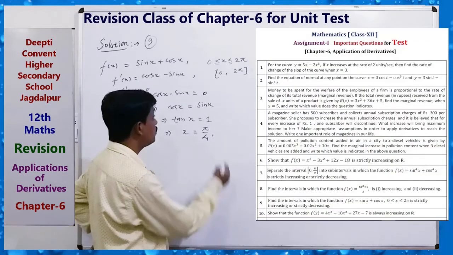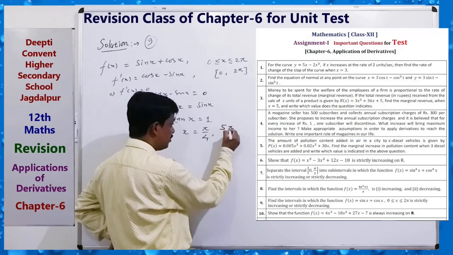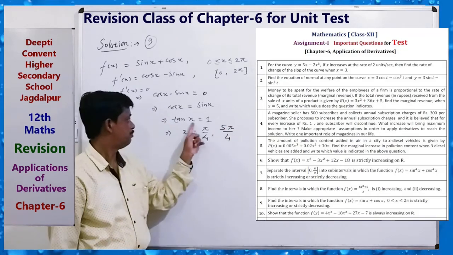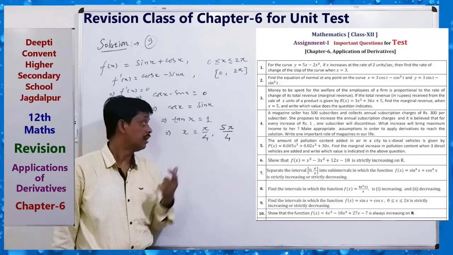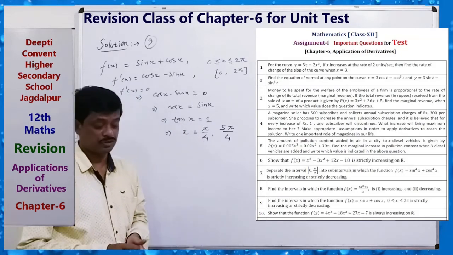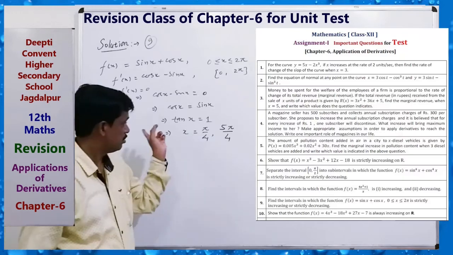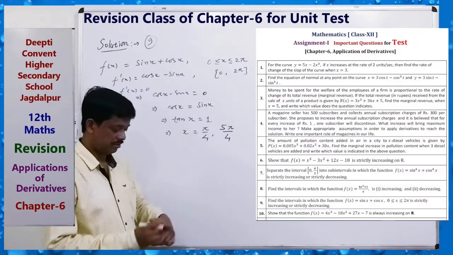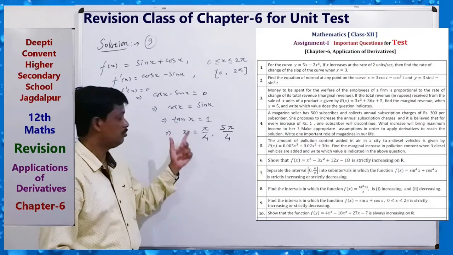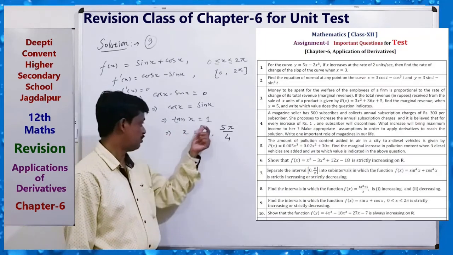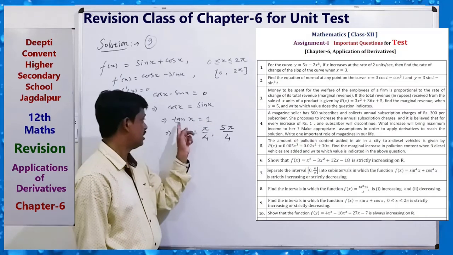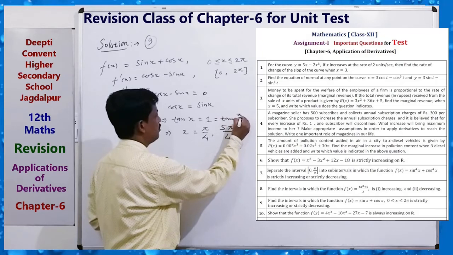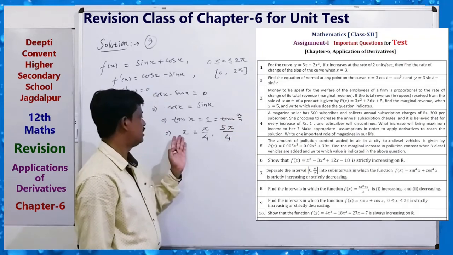and also 5 pi by 4. Because tan is a periodic function, its period is pi only. So after an interval of pi, the value will repeat. If x equals pi by 4 is a solution, because tan x equals 1 means tan of pi by 4, that's why we write x equals pi by 4.